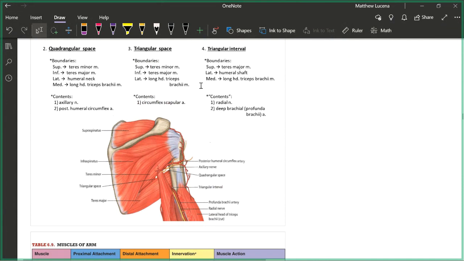If you have trouble with this, here is something that helped me. It might seem kind of dumb, but I took my fingers like this and then my other fingers like this. Obviously you're looking at your own, but this is like the shaft of the humerus, right? Along with the shaft of the humerus, you have the lateral head of the triceps. So this space here is going to be the quadrangular space, and over here is going to be the triangular space.